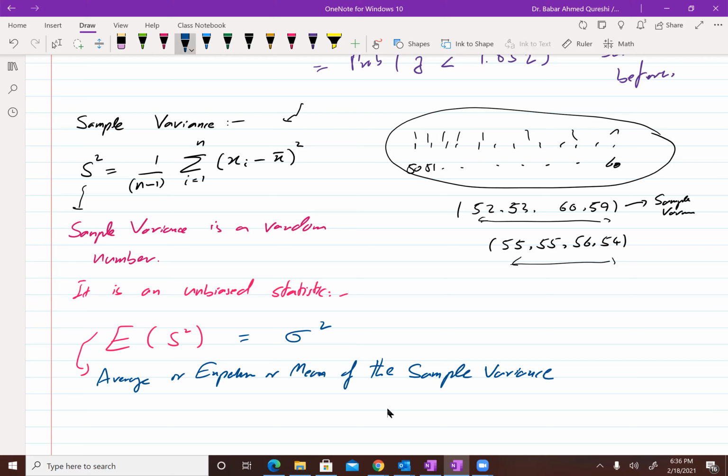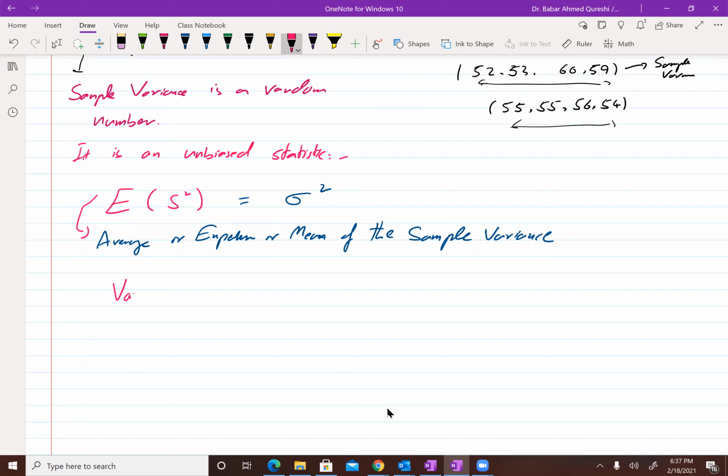And you can also prove that the variance of the sample variance, since it's a random variable, you can compute its own variance.